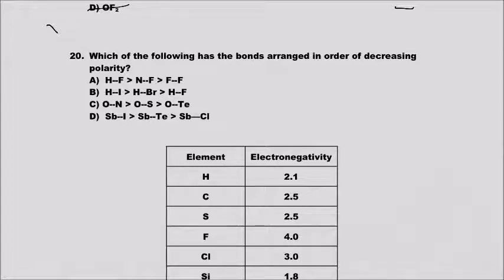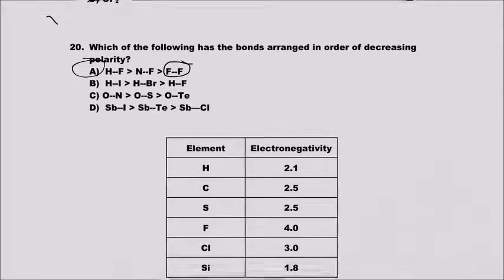A jumps out at me because I see fluorine, hydrogen, fluorine, that's going to be a large electronegativity difference. Nitrogen to fluorine is going to be intermediate between these other two because they're close to each other in the periodic table. And if you just kind of glance at everything else, nothing else is in the right order, so I definitely want to pick A for 20.